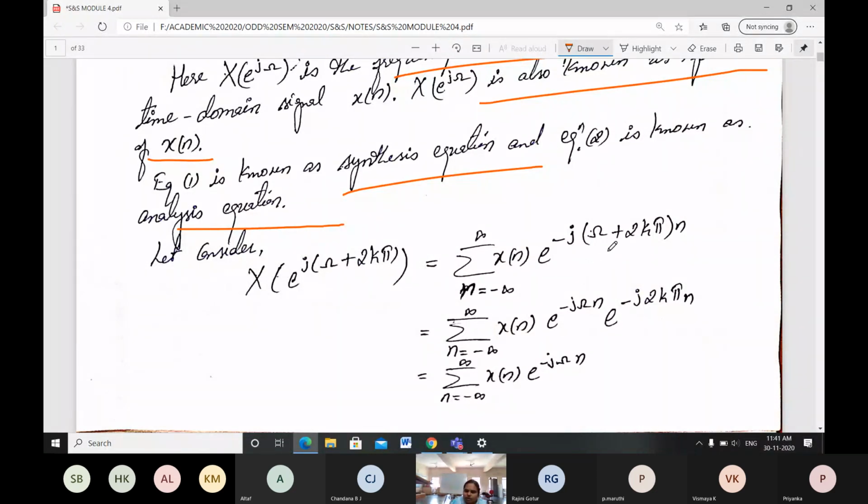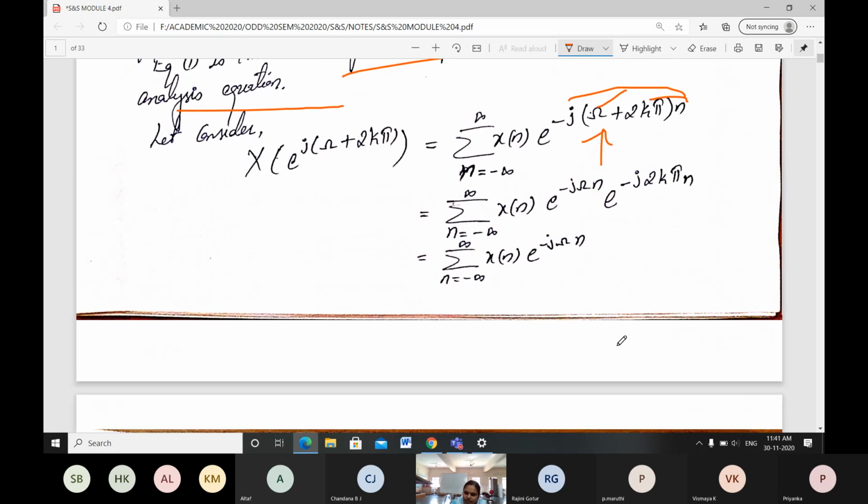Let me split it here: e raised to minus j omega n, multiplied with e raised to minus j 2k pi n. Due to the 2 pi, this will be 1. Then we get summation n from minus infinity to plus infinity x of n e raised to minus j omega n.